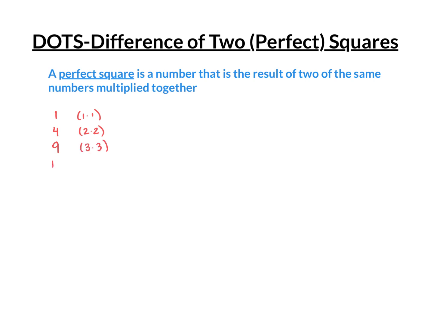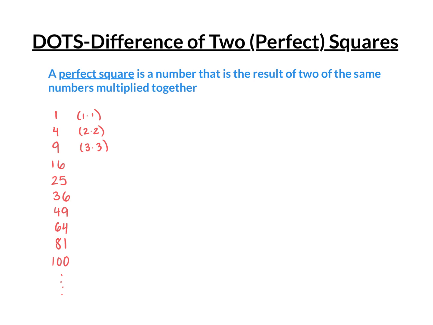Then 4 times 4 gives me 16. 5 times 5 gives me 25. 6 times 6 gives me 36. 7 times 7 gives me 49. 8 times 8 gives me 64. 9 times 9 gives me 81. 10 times 10 gives me 100, and so on, right?